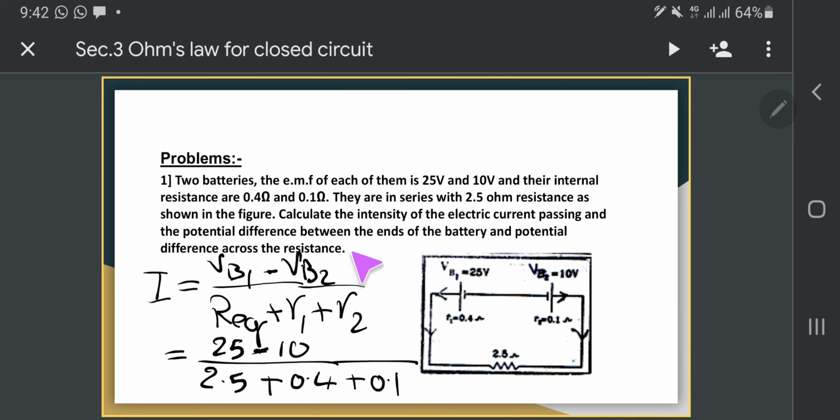And the potential difference across the resistance is V equals IR, total current times resistance 2.5.